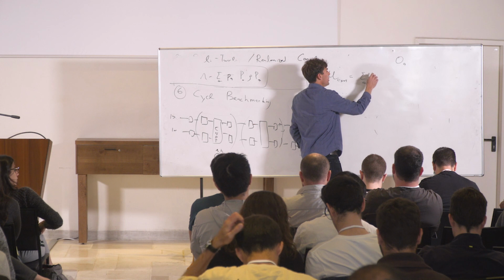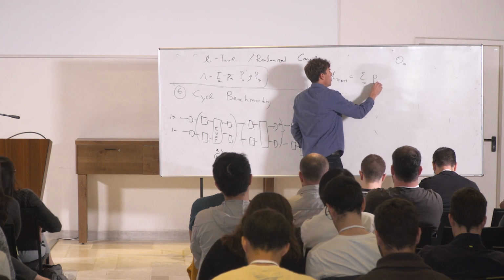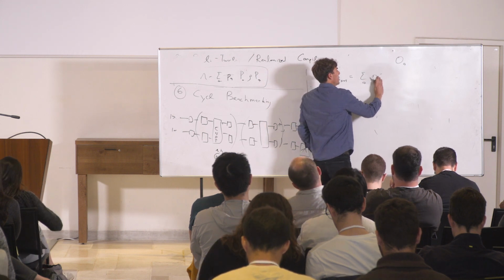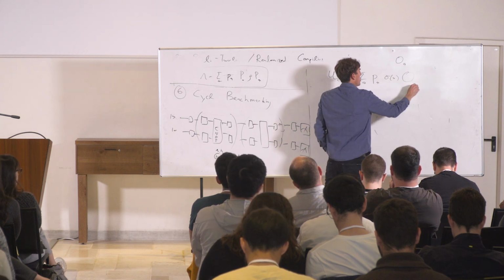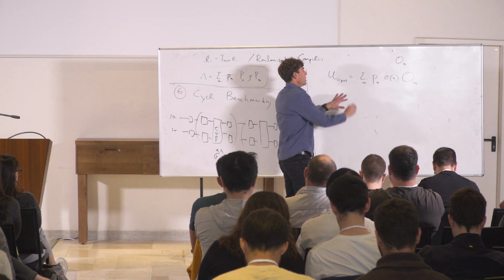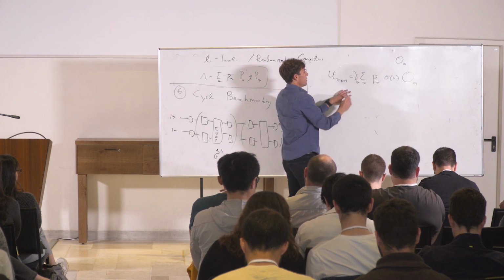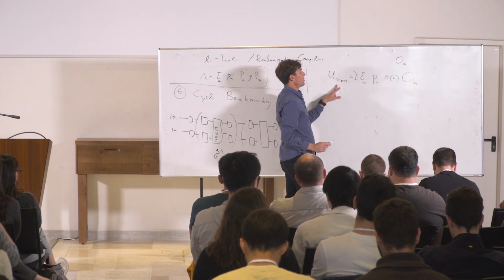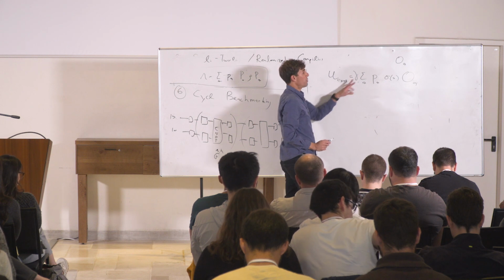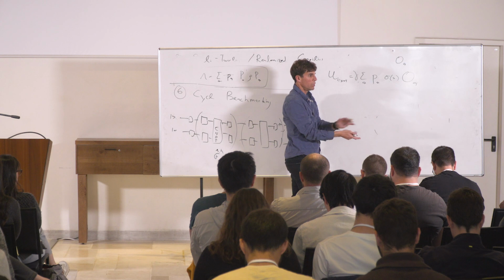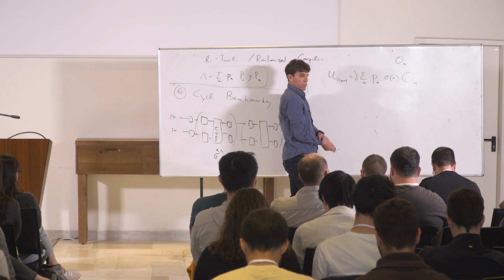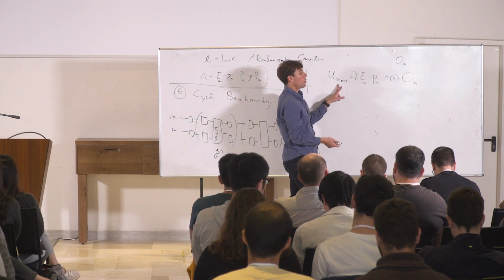Sum over alpha, P alpha. The claim is that if you have a large enough set of noisy operations that spans the whole operator space, then you could always write your perfect gate, and solve this equation.